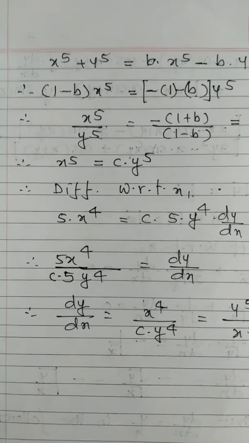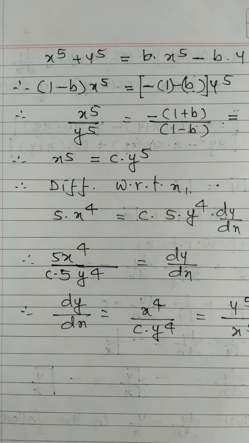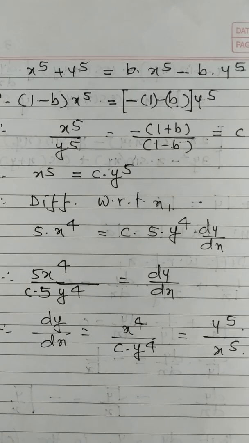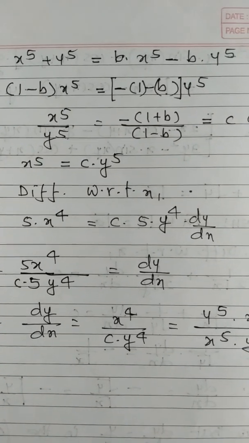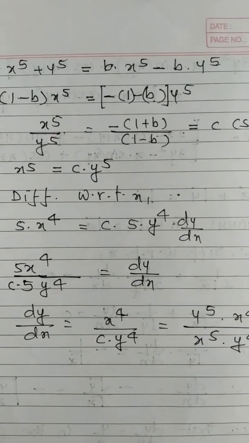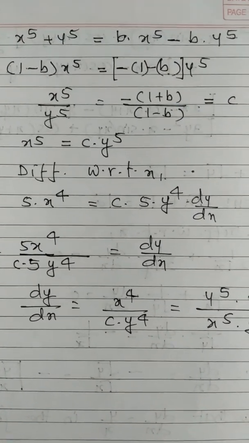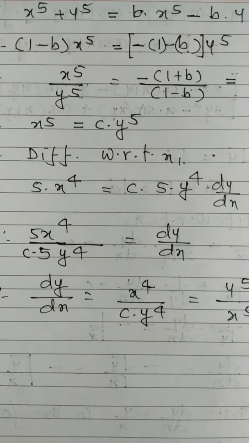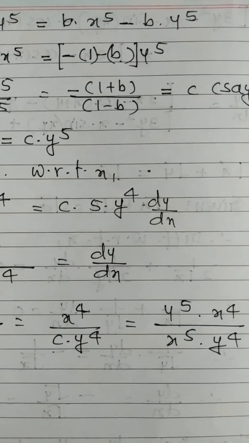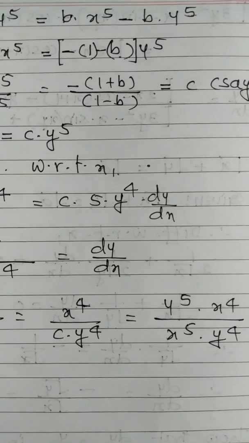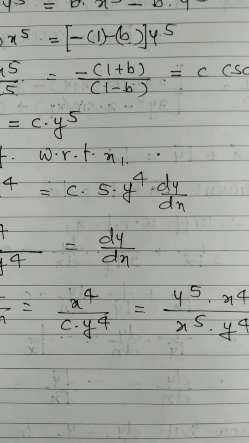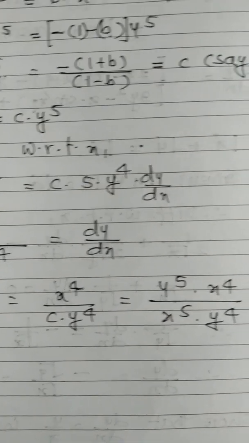Therefore, taking like terms to the left and right, (1 - b) x^5 equals -(1 + b) y^5. So x^5 / y^5 equals -(1 + b)/(1 - b).